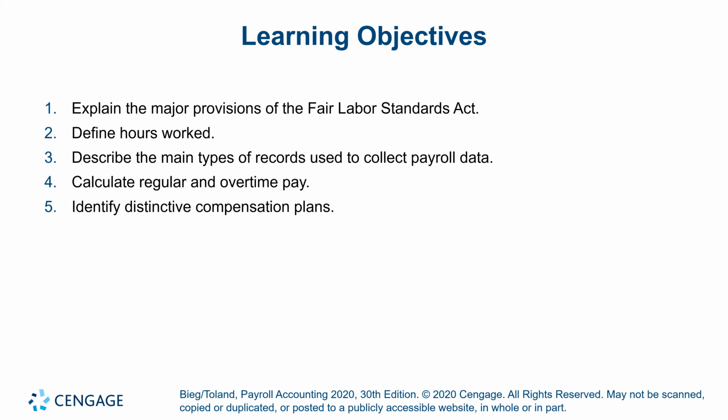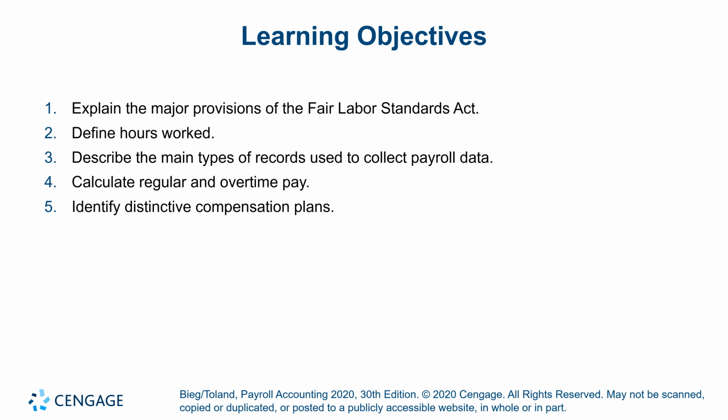Number 3, describe the main types of records used in calculating or collecting payroll data. So timesheets, time cards, and then some of the different computerized record systems that we'll talk about. Learning objective 4, calculate regular and overtime pay. Again, we've gotten some practice with this already, but we'll continue to get more practice with it in class together.